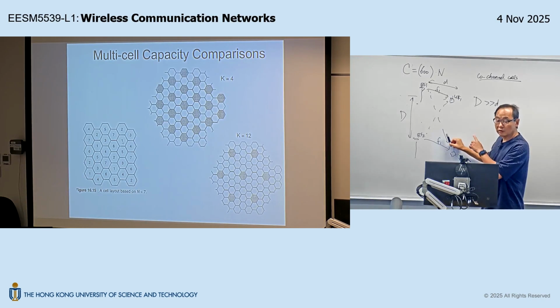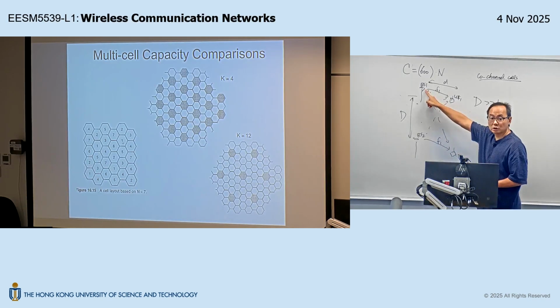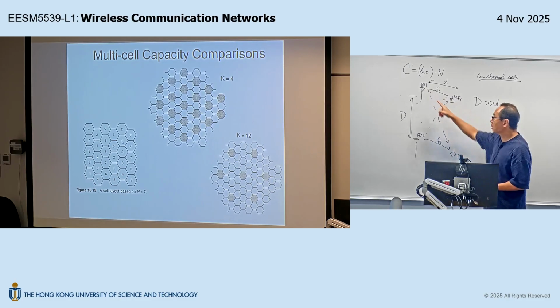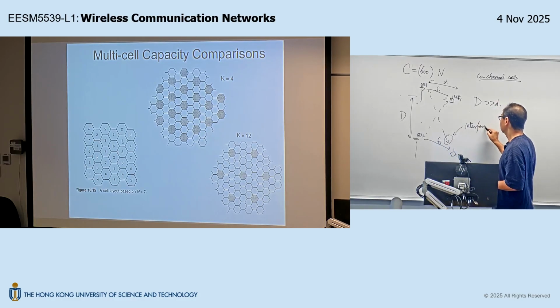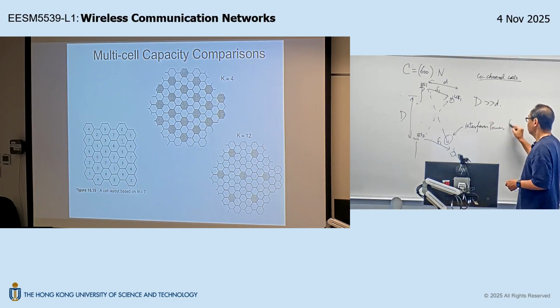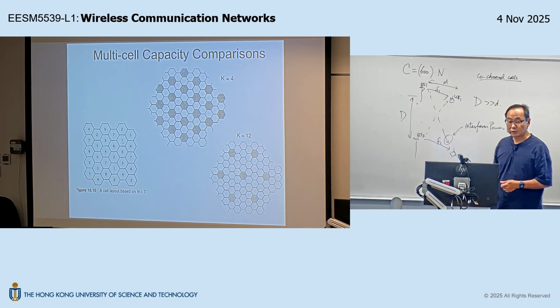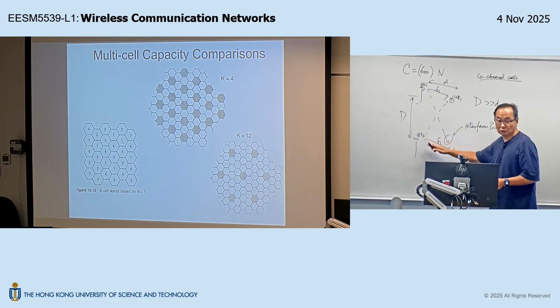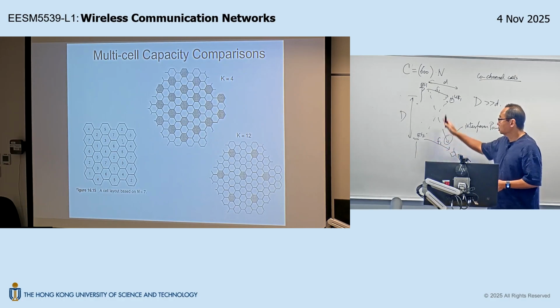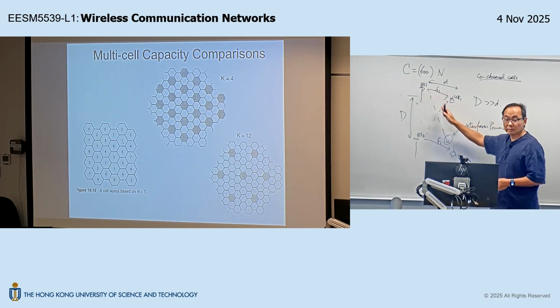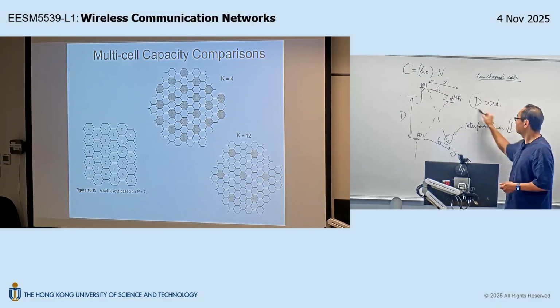Compared to the first scenario, the crosstalk has to travel a long distance. So by the time this crosstalk reaches the receiver, the interference power will be substantially attenuated due to path loss, compared to the good signal. The good signal just needs to travel a distance of small d. The bad signal needs to travel a distance of capital D, which is much longer, right?